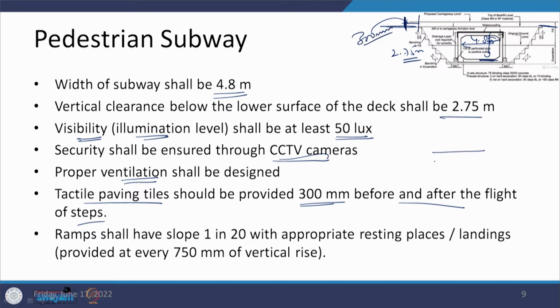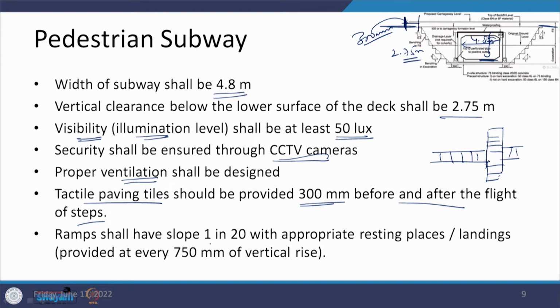So, it will be in the form of the tiles being provided like this, and then there is going to be the warning that you have reached a location, and then finally it again takes the person to the flights, and that is how that can be utilized.